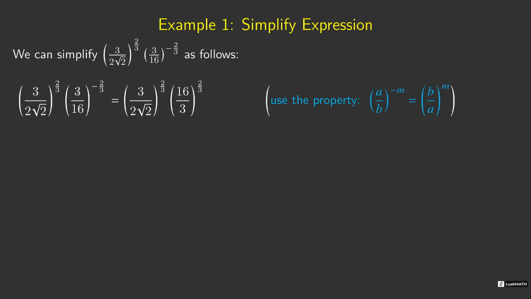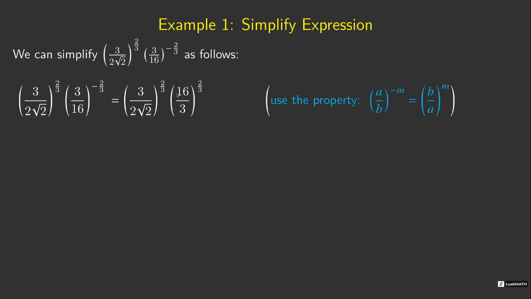The second fraction here is 3 over 16. Now I flip it, it becomes 16 over 3. And notice what I do to the exponent. Minus 2/3 becomes just 2/3. And notice what we end up with: the first fraction raised to 2/3, the second fraction raised to 2/3.